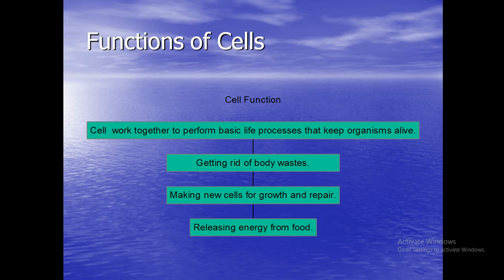Now, extracting the energy from the food and releasing that for the purpose of life process is to be done by the cells. Because whatever food the organisms eat is in the form of chemical energy, and this chemical energy is to be converted into biological energy for this life process. And this is done at a very subtle level, at the cellular level.